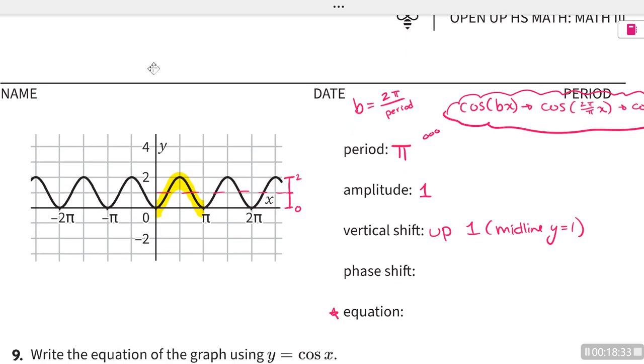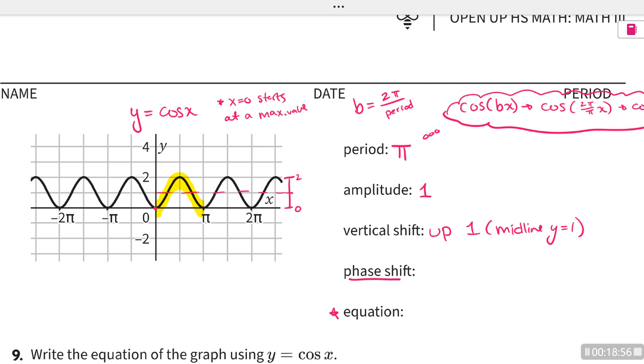Phase shift. So we can think of this as a phase shift because we are starting at the minimum, and normally y equals cosine of x, normally when x is 0, it starts at a maximum value. So I suppose we do have a phase shift.